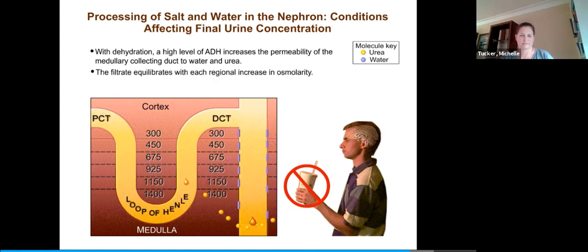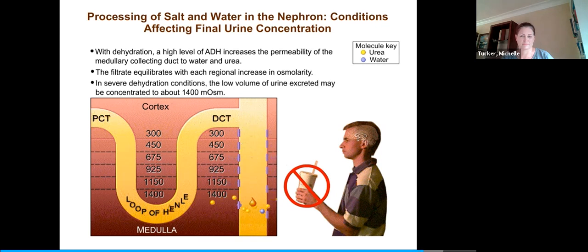Therefore, as the filtrate passes through the lumen of the duct, it equilibrates with each regional increase in osmolarity. Notice the decrease in size and darkening color of the filtrate drop as it descends through the duct. In severe dehydration conditions, the low volume of urine excreted may be concentrated to about 1,400 milliosmoles, or more than 4 times the osmolarity of normal body fluids.